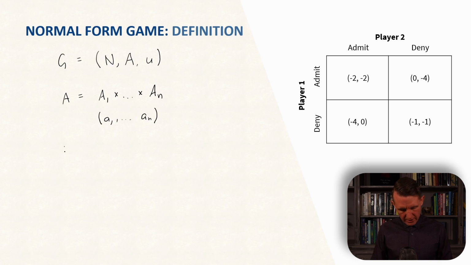And U, the utility function, is a mapping from an action profile to a tuple of n real numbers. This tuple specifies the payoff that each player receives if the agents play this action profile. Thus, this is called the utility, so we give it the letter U.